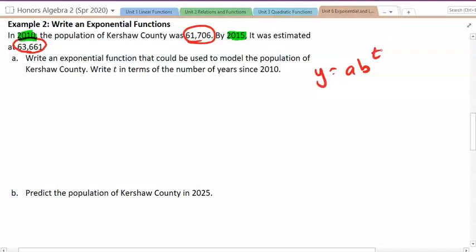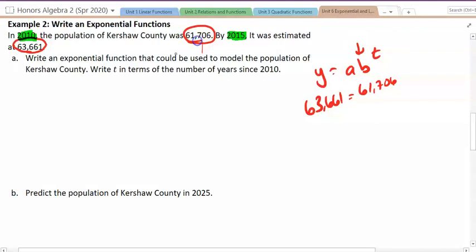So what values do we know? We know the final value, which would be our y, right? So this would be the 63,661. We know our a, our initial value, is 61,706. We don't know the rate of growth, because remember the b, if we go back to what we talked about in section 1, is that growth or decay factor, right?